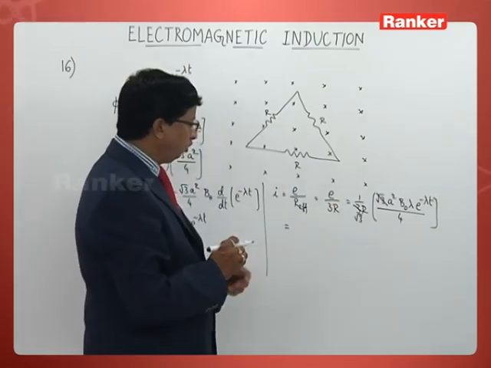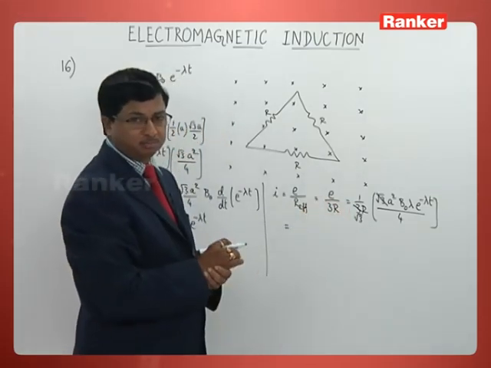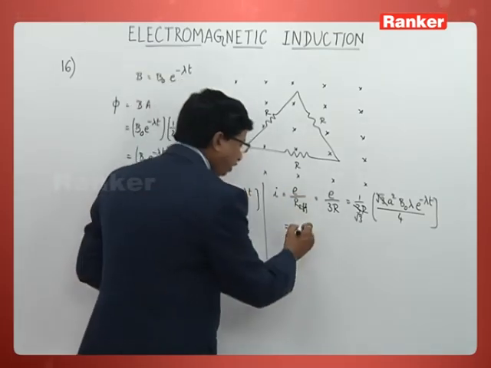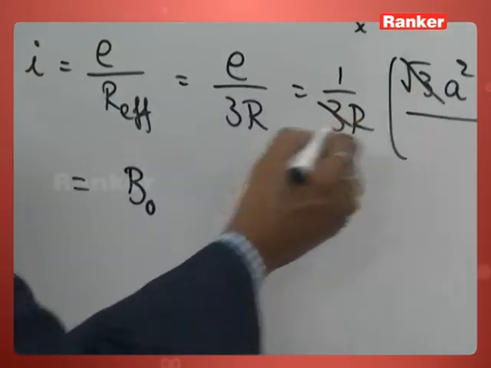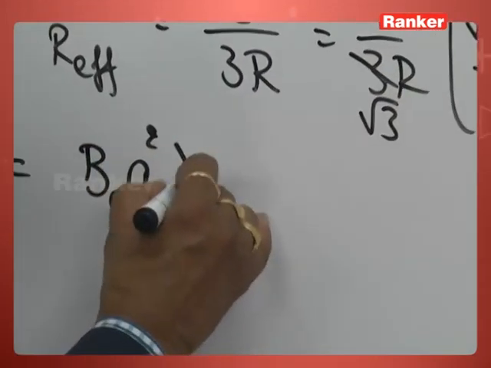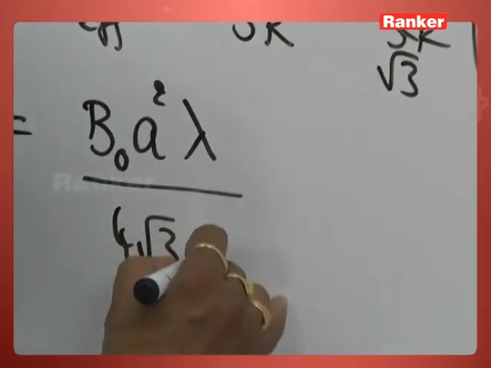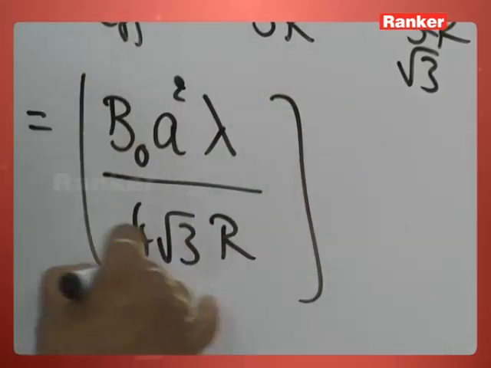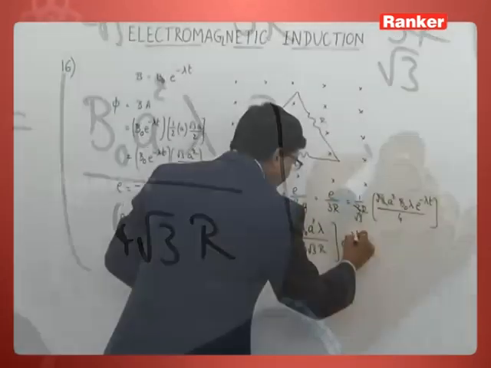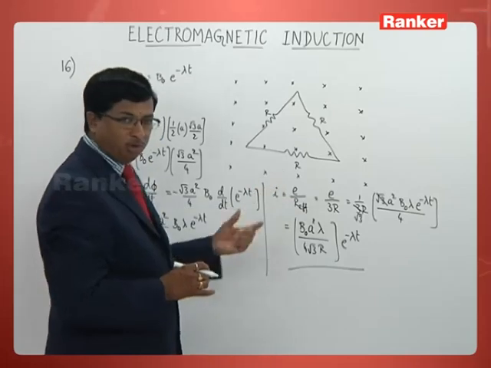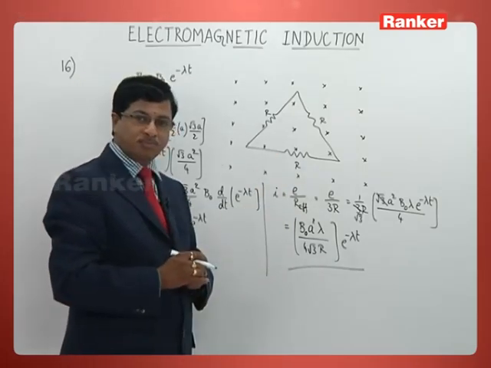This becomes 4 root 3 R in the denominator. And what is now left over there? You can take B naught a square lambda divided by 4 root 3 R, whole multiplied by e power minus lambda t. That is the value what I have got ultimately from this.